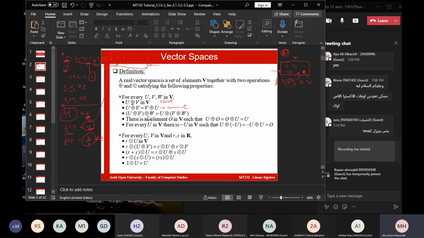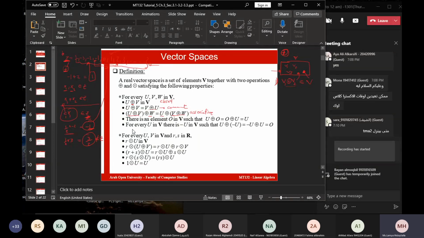U plus V is the same as V plus U. Also, this addition should be associative. You can start by adding any two: if you add this to this and then add this one to it, it is the same as if you start by adding these two and then adding that one. So it should be associative.